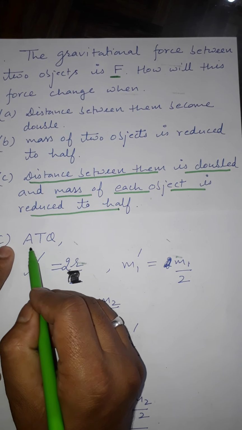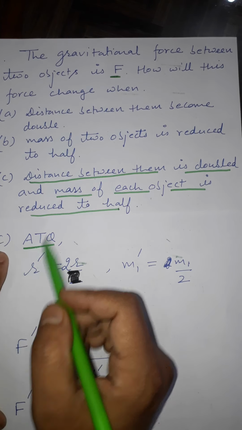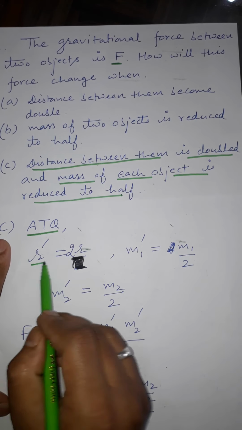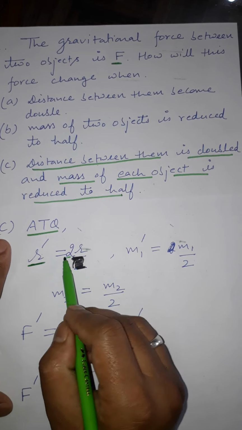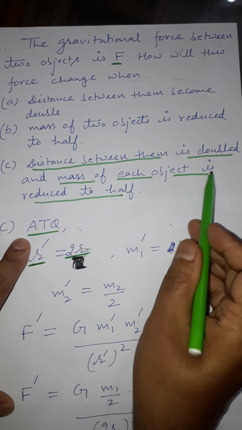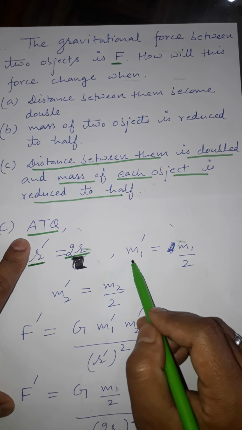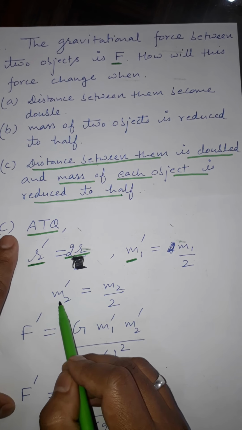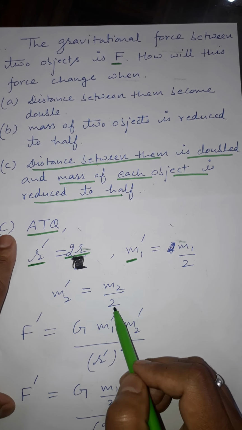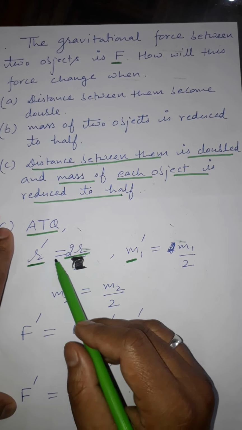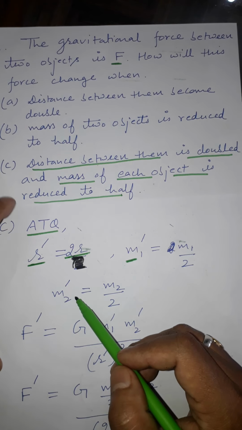According to the question, distance between them is doubled, means new distance r dash is equal to twice r, 2r, and mass of each object is reduced to half, means new mass m1 dash is equal to m1 by 2 and new mass m2 dash is equal to m2 over 2. It means in this case both distance as well as masses are changed.